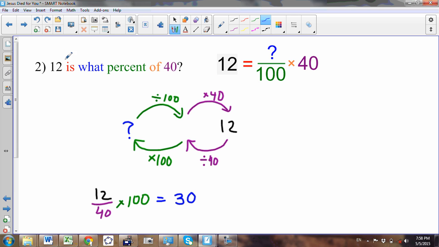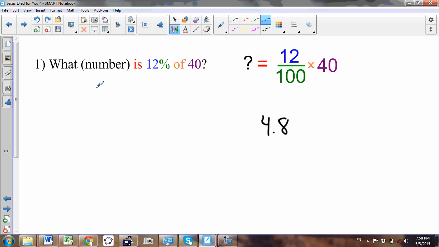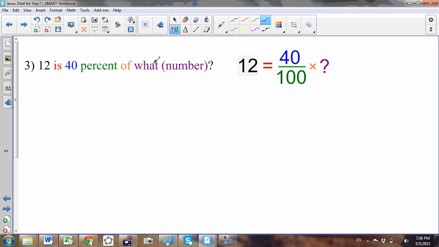So you're in the ballpark, a little bit less than 33 and a third percent. 30% is logical. And then back here, 12% of 40. Well, 10% of 40 would be a tenth of it, which is 4. So 12% of 40 is going to be a little bit bigger than 4. Find an estimate of your answer before you actually do the problem.